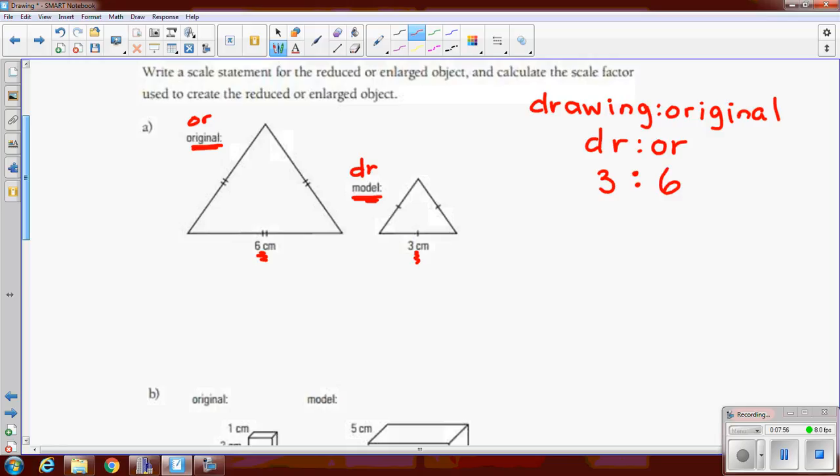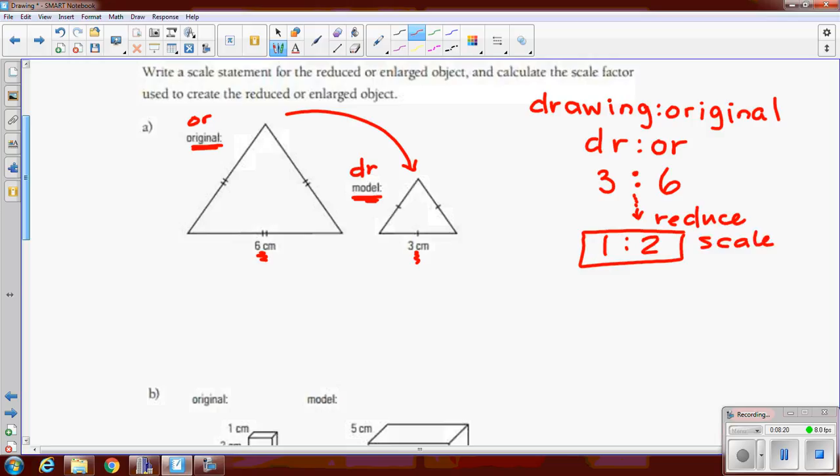So we actually did draw a reduced figure. We actually made something smaller. Now this is the actual scale statement, but we could reduce this just like a fraction. 3 to 6 is the same thing if I divide both numbers by 3 as 1 to 2. Now this 1 to 2 would be my scale statement.